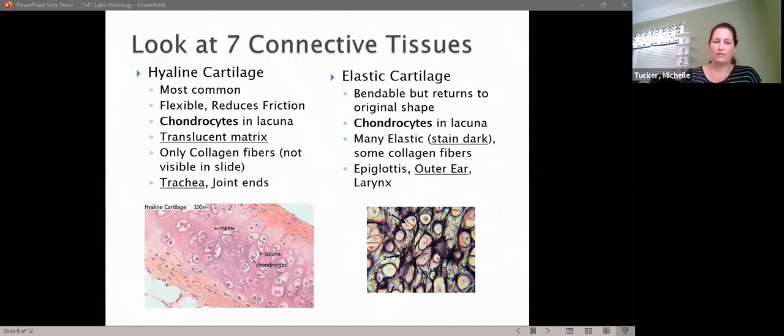So for hyaline cartilage, you figure out that you have it by first identifying chondrocytes, so you know you have cartilage, and then it's this very mellow pink lavender jello matrix, and that will indicate that you have hyaline cartilage. Cartilage is avascular. Cartilage does not have its own blood supply.